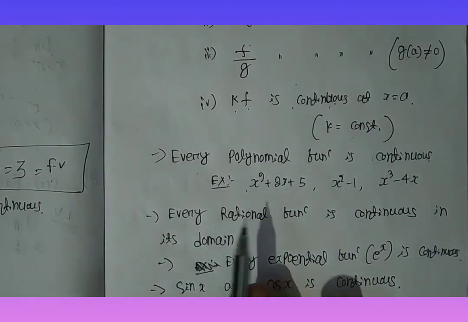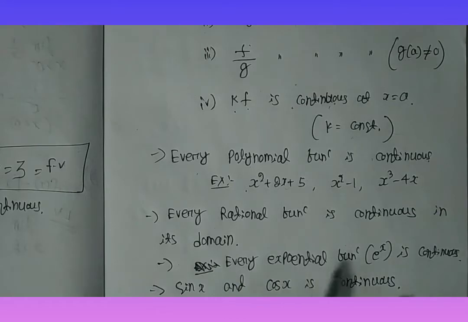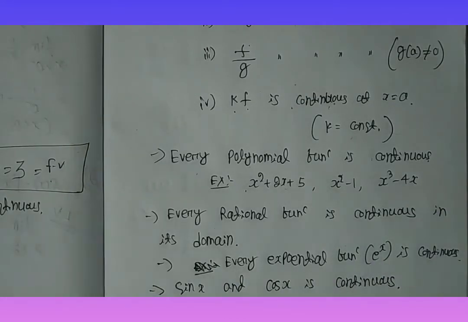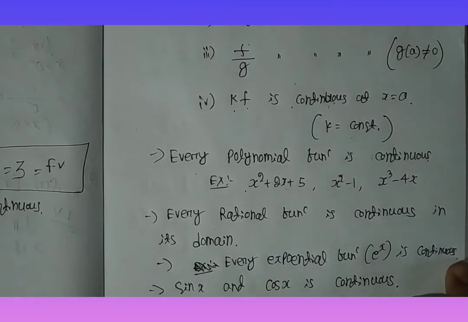Next, every rational function is continuous in its domain. And every exponential function, e to the power x, e to the power 2x, is continuous. Next, trigonometric functions sin x and cos x. These two functions are continuous everywhere. The rest are discontinuous.